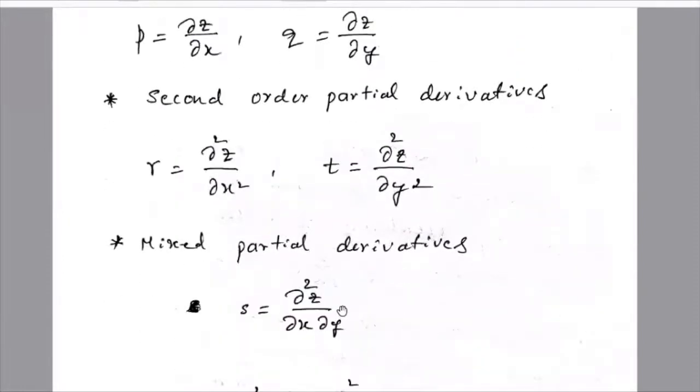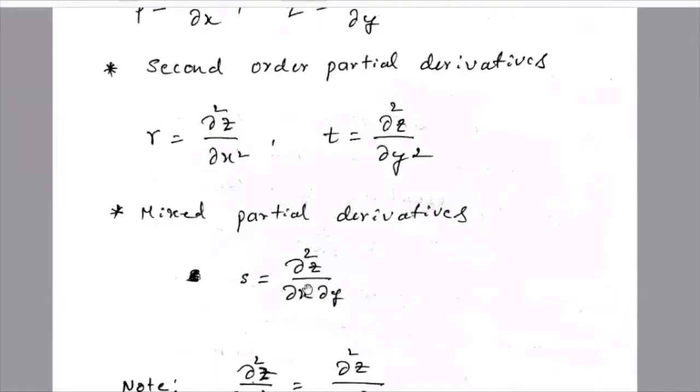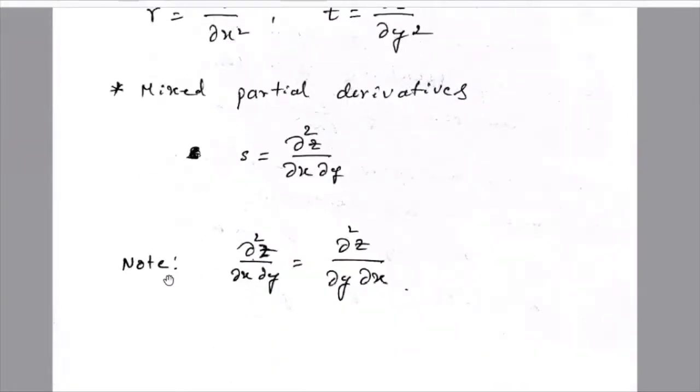And there is a mixed partial derivative, that is dou square z by dou x dou y, and it is denoted by s. So we know that dou square z by dou x dou y is the same as dou square z by dou y dou x. So this is about what is a partial differential equation and what are the different orders of the partial derivatives.